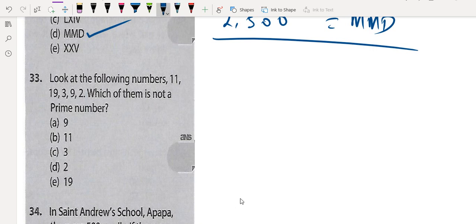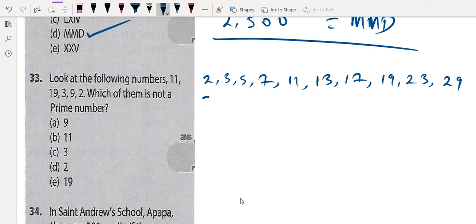Give me the prime numbers from 1 to 100. 2, 3, 5, 7, 11, 13, 17, 19, 23, 29, 31, 37, 41, 43, 47, 53, 59.